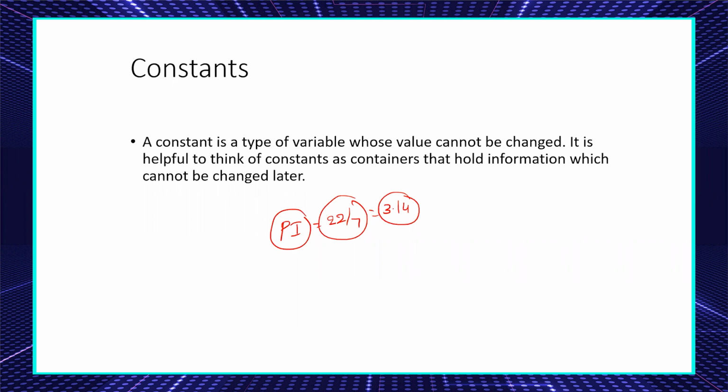This is one example. What is gravity? 9.8 meters per second squared. Will it change? No. Constant means it stays the same forever, its value cannot be changed. These are examples like pi, gravity, and so on.